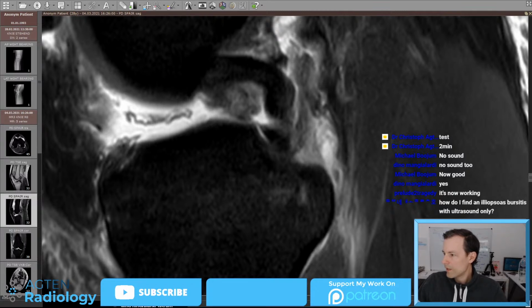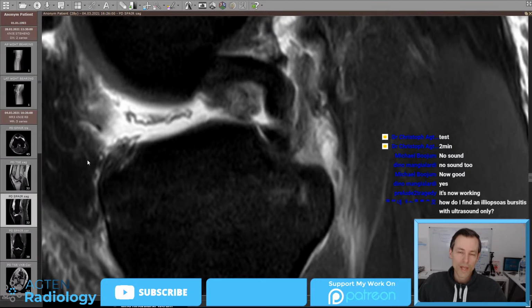Someone is asking, how do I find an Iliopsoas bursitis with ultrasound only? Well, you need to have some amount of fluid in the bursa.